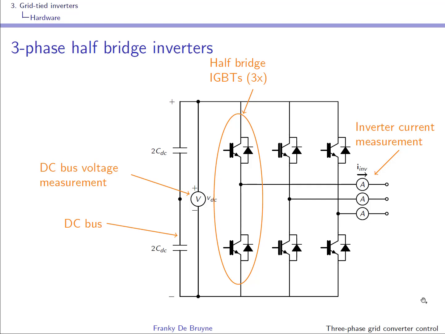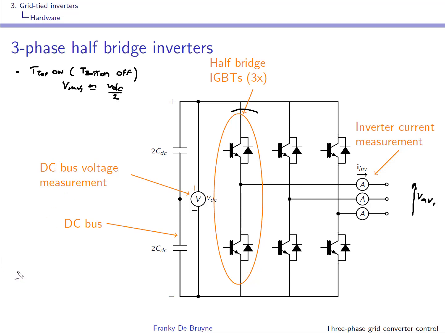Well, let us consider this first half bridge, and the corresponding voltage Vinf of the first leg. Let us suppose that the top transistor is on, and this means that of course the bottom transistor is off. Then you can say that Vinf1, the voltage at the output of the first leg, will approximately be VDC over 2.